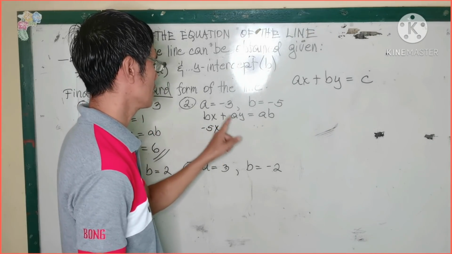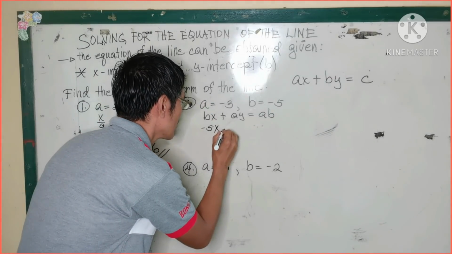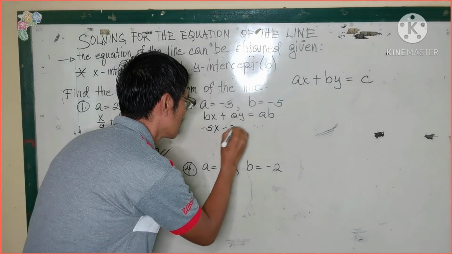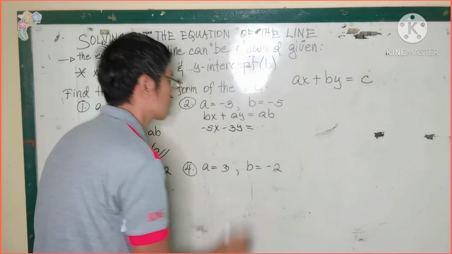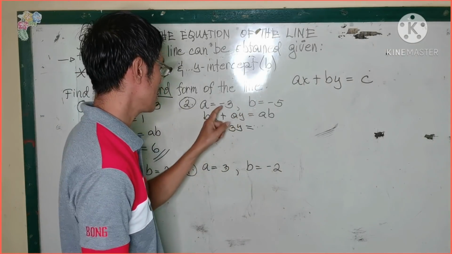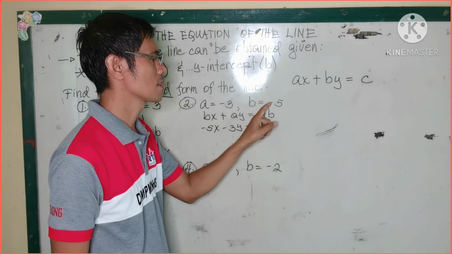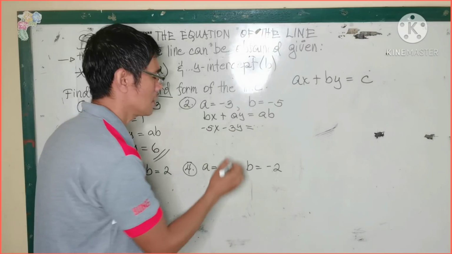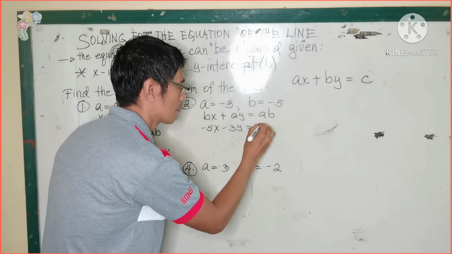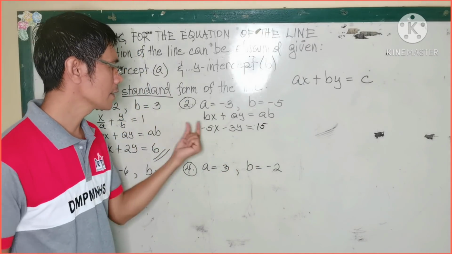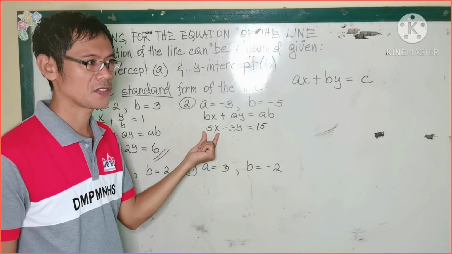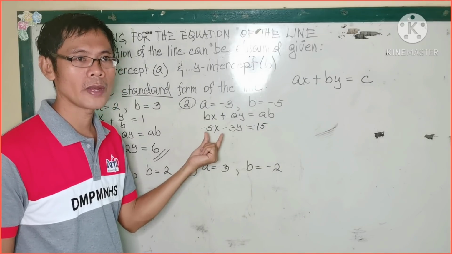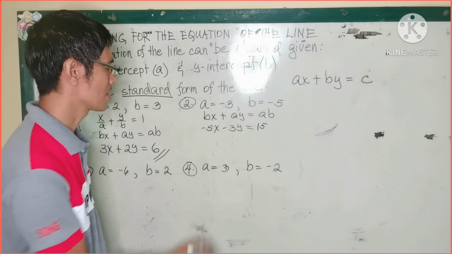What is our a? Negative 3. So that is negative 3y equals, multiply negative 3 times negative 5, we get positive 15 or simply 15.